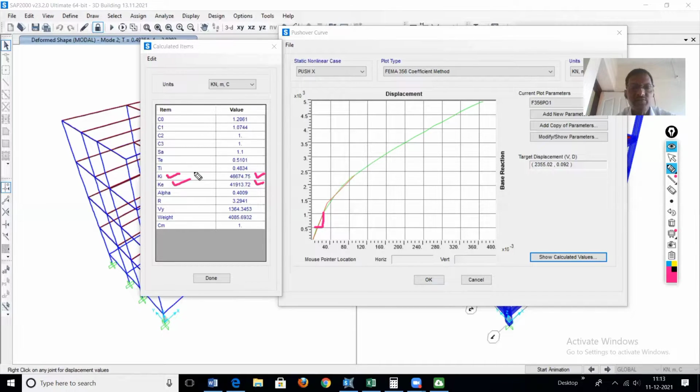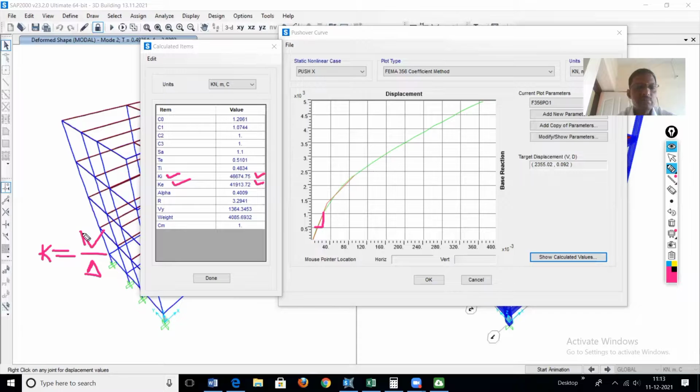Now by using the first stiffness, that is the initial stiffness, we can correctly calculate the roof displacement at the yield point. The initial stiffness given is 46674.75. We know stiffness is equal to force, that is base shear force, divided by displacement.